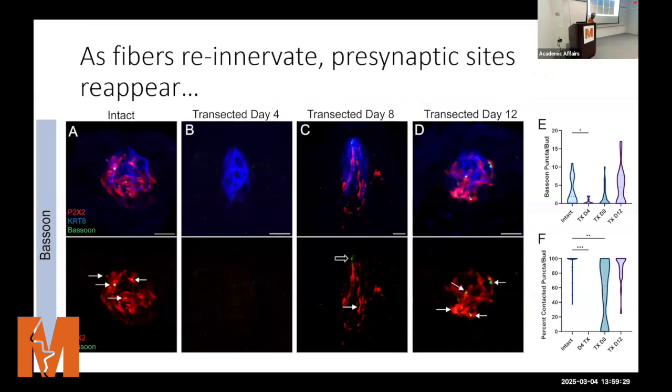But if we quantify this at day 8, there is a wide variety of the types of puncta. Some are contacted, some are not contacted within the buds, and you get this distribution of puncta that may or may not be contacted by the nerve.